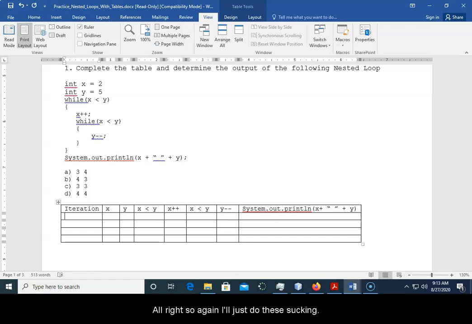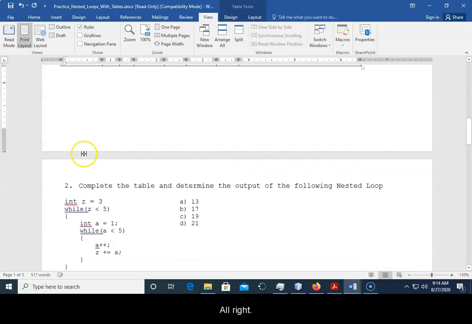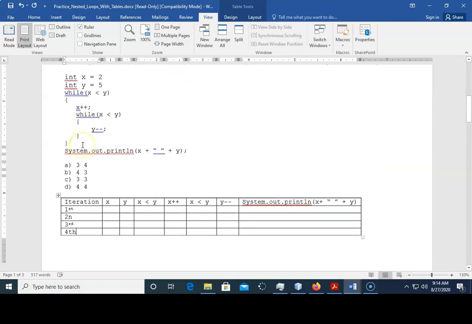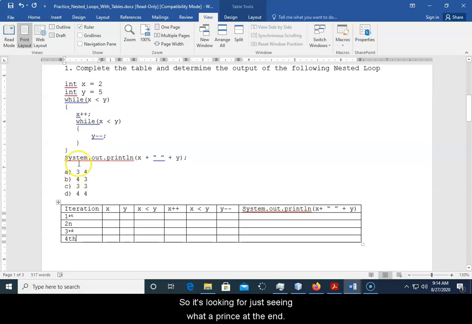All right, so again, I'll just do these, second, third, and fourth. It's looking for just seeing what it prints at the end. So let me just make sure: x, y, x minus y, x plus plus, x is less than y. Okay, cool.